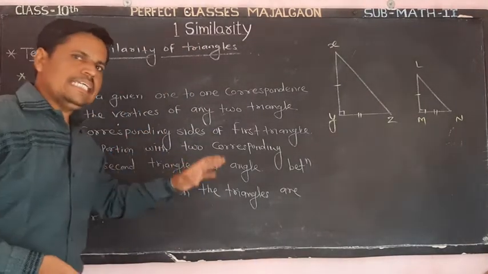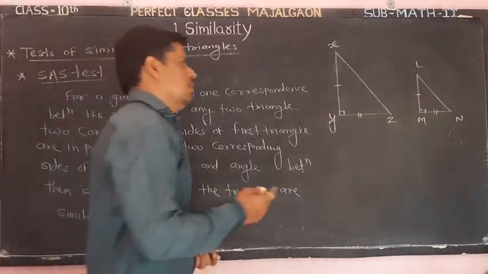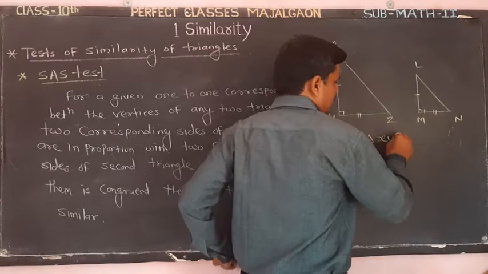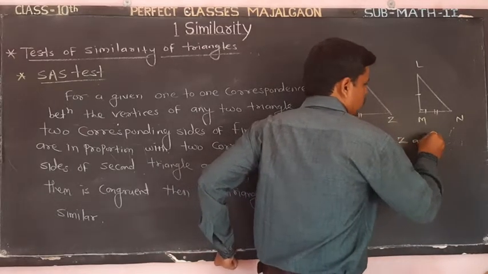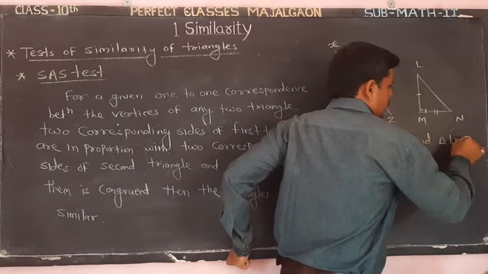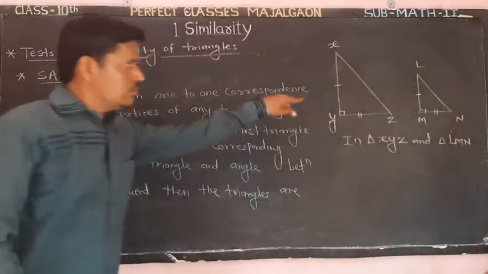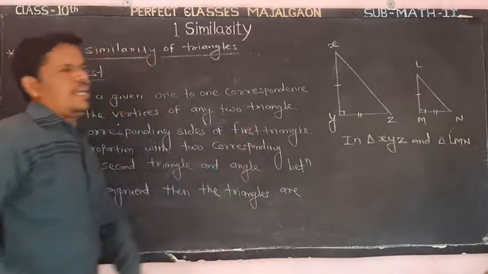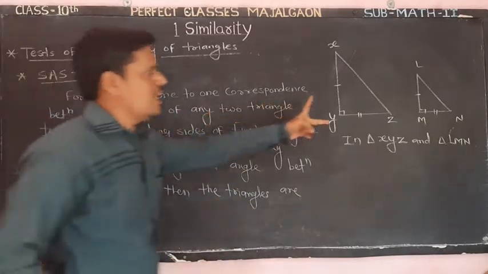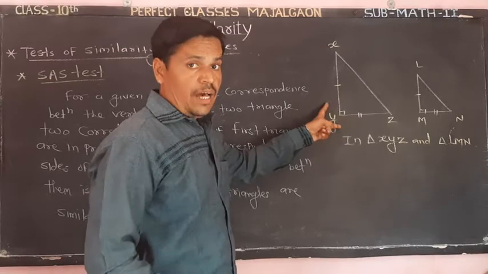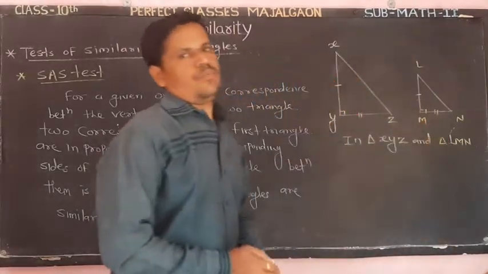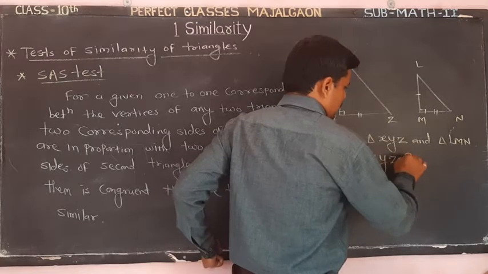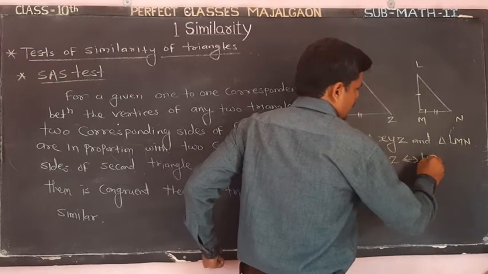How to apply this test on examples: here the test is in triangle XYZ and triangle LMN. In these two triangles, two corresponding sides of the first triangle are in proportion to the two corresponding sides of the other, with one-to-one correspondence XYZ to LMN.